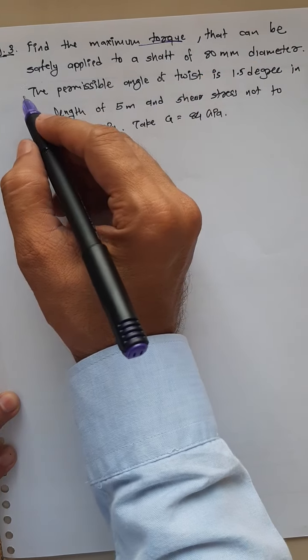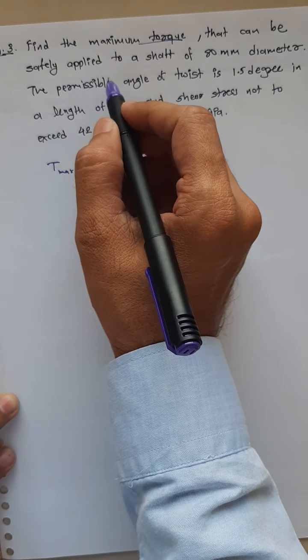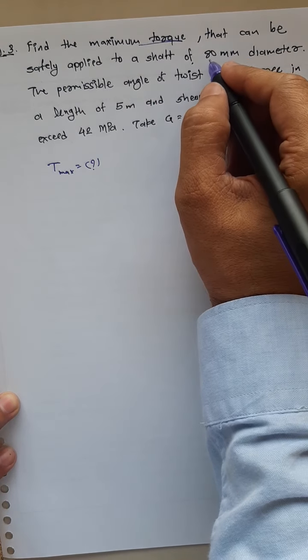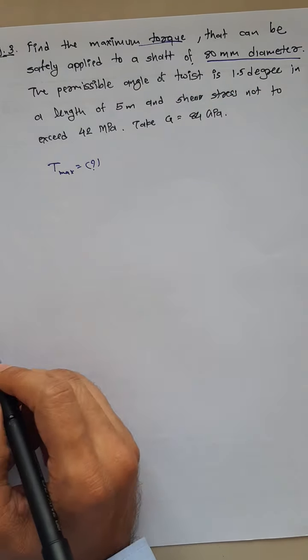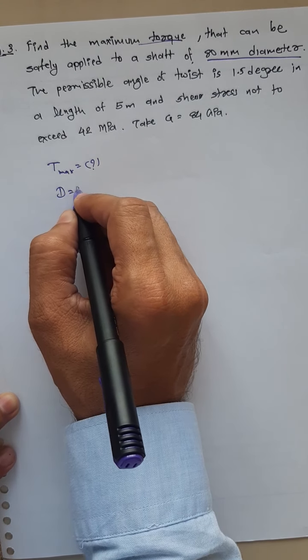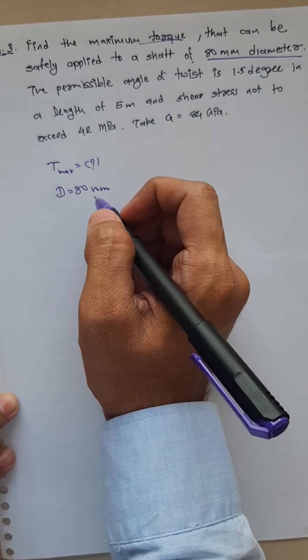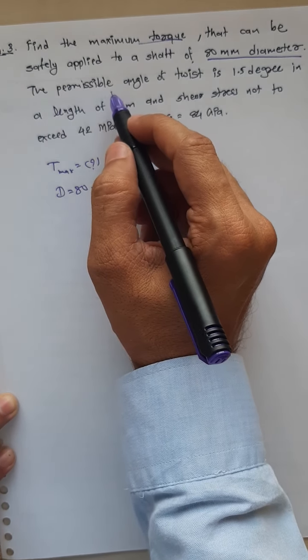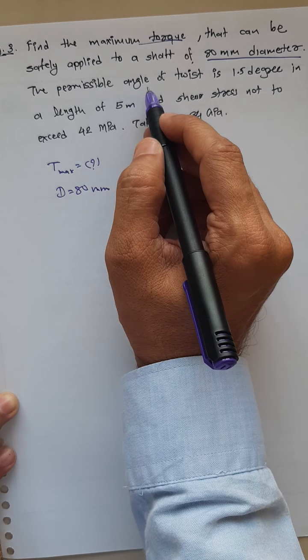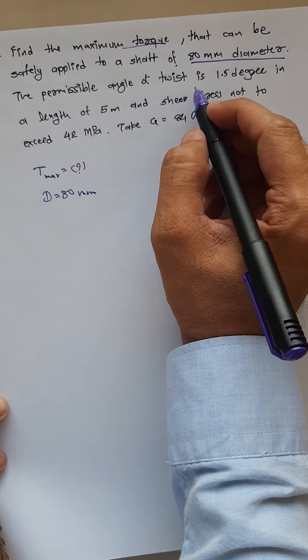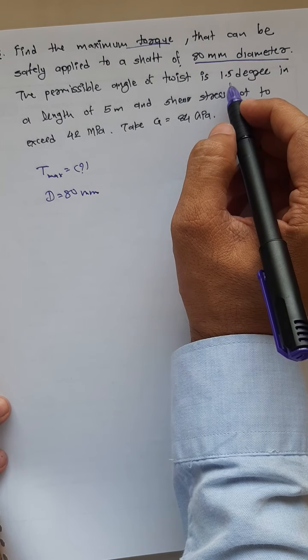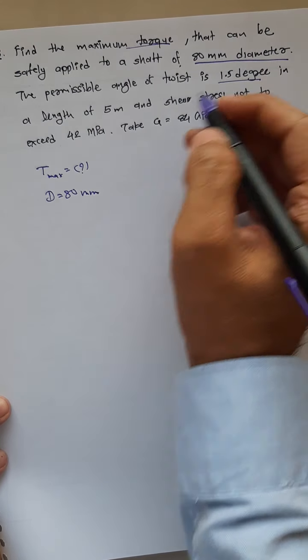that can be safely applied to a shaft of 80 mm diameter. So diameter of shaft is given as 80 mm. The permissible angle of twist is 1.5 degree.